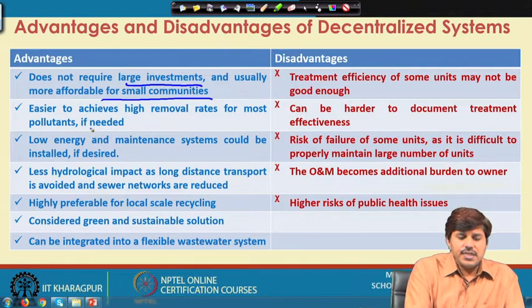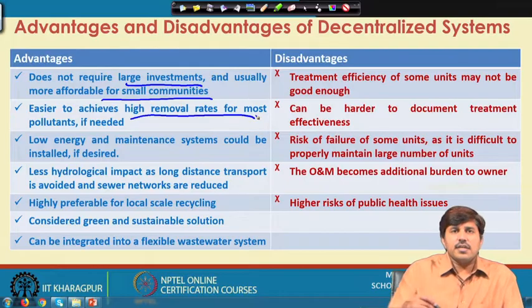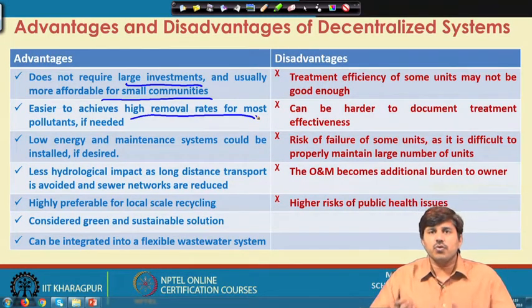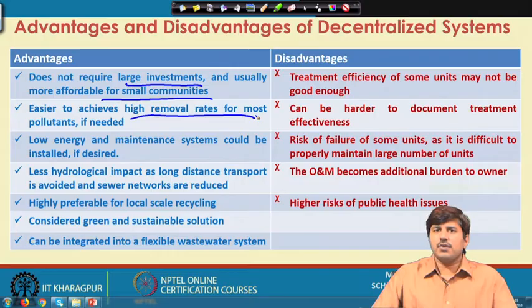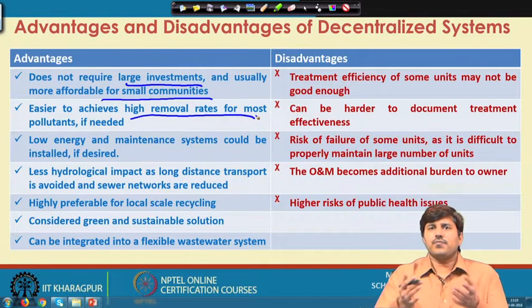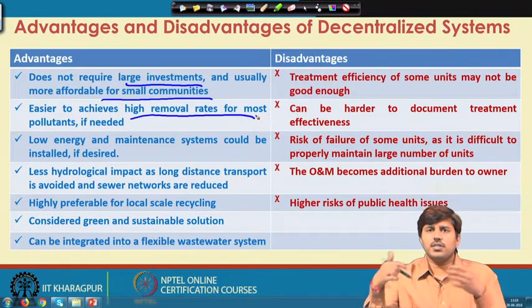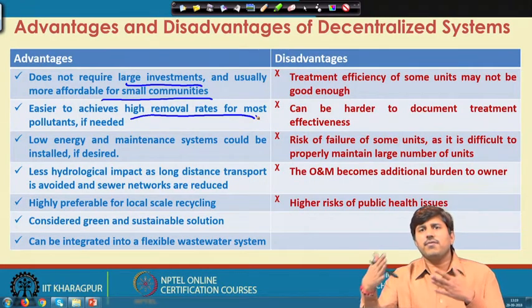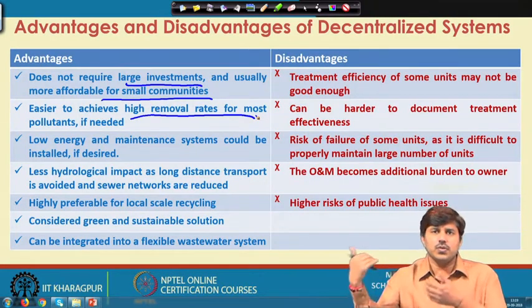Further, if needed, we can achieve higher removal rates for most of the pollutants, because it is small scale. So, if you want to use the water for industrial processes, from a decentralized system it is far easier to treat that water to the level of ion exchange or RO system and use it.